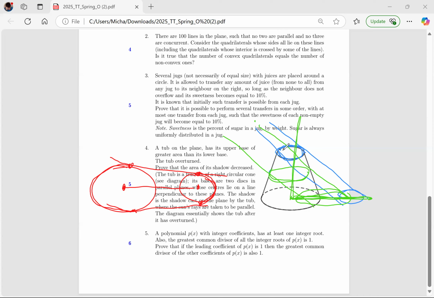So instead of looking at the common tangents, if we look at these diameters that are perpendicular to the center line, then if you join the endpoints like that, those lines will be where the diameters of the circles touch.